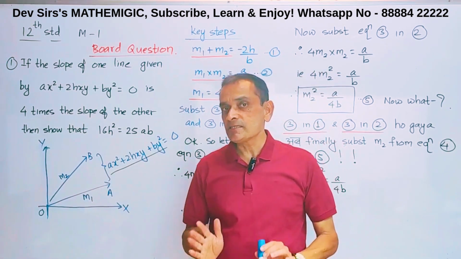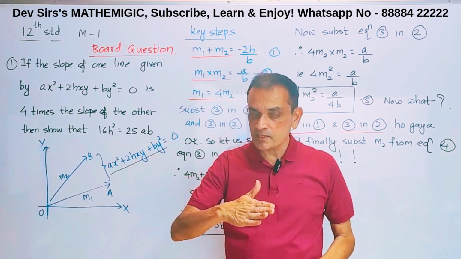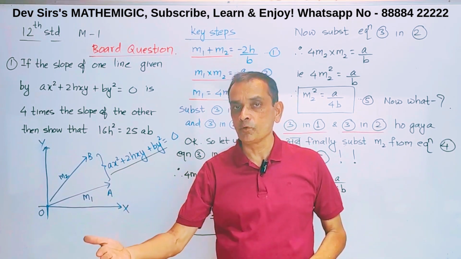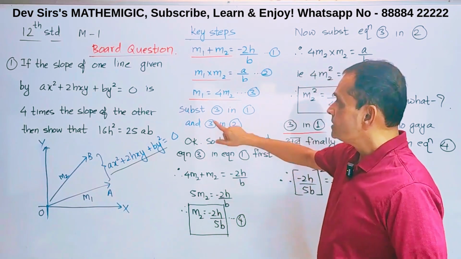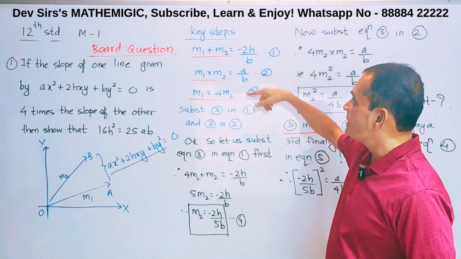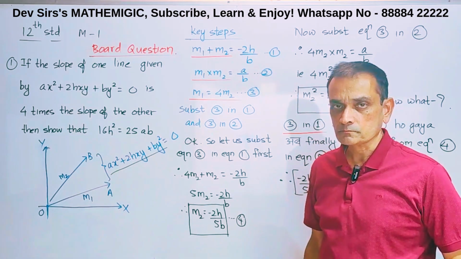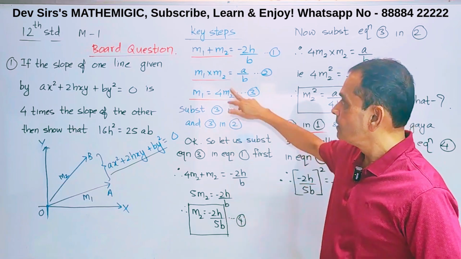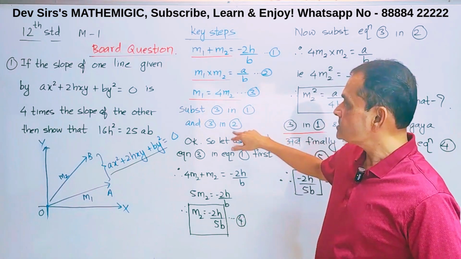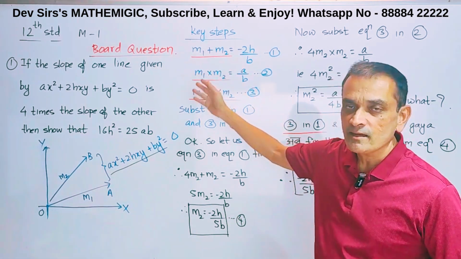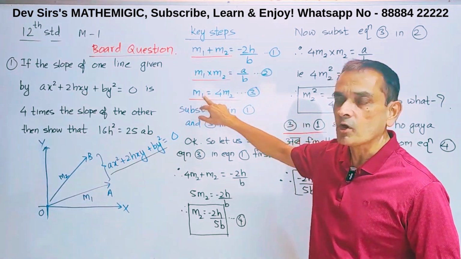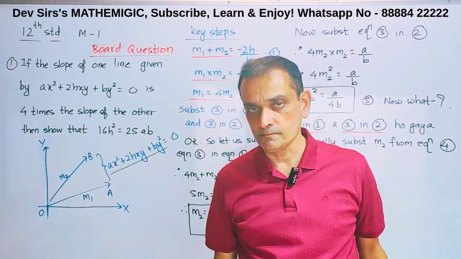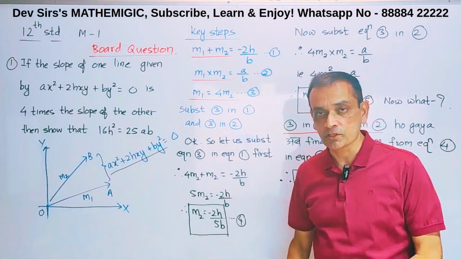So there is a technique when M1 is equal to a number times M2, like 4M2, 3M2. The method is: substitute equation 3 in equation 1 to get one equation, which we will call 4. Repeating, substitute the value of M1 from equation 3 in equation 1 to get the fourth equation.